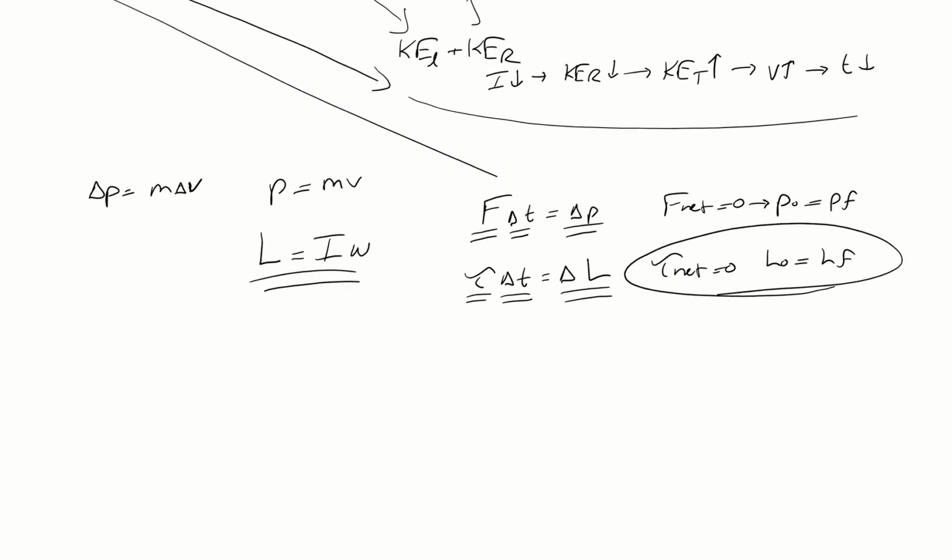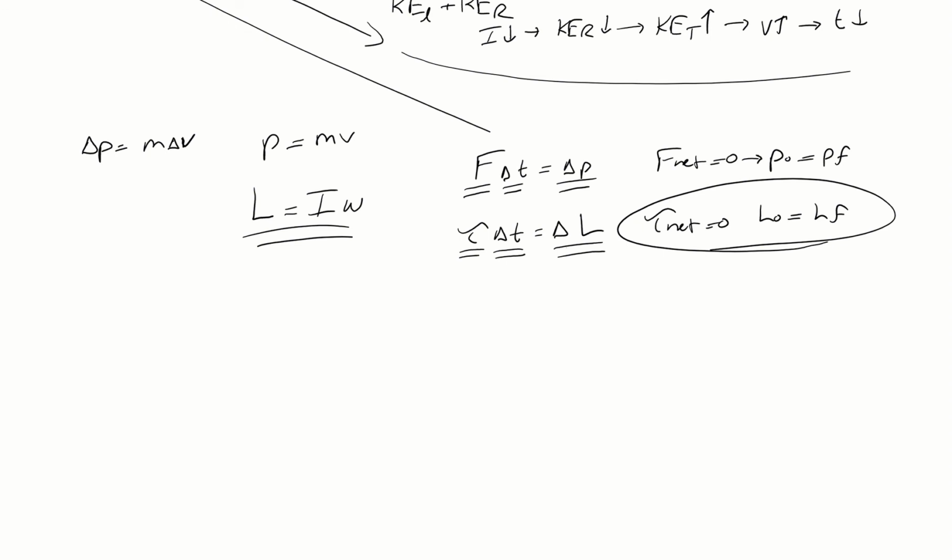It's a big idea, but the toughest part is identifying when there is a net torque and when there is not. So take it back to what we did for linear momentum, and a lot of times in most of our collisions, for example, if I have a wheel that's rotating, and then all of a sudden I drop a blob of clay onto that wheel, it's like a collision. It's like a perfectly inelastic collision where the two objects stick together.